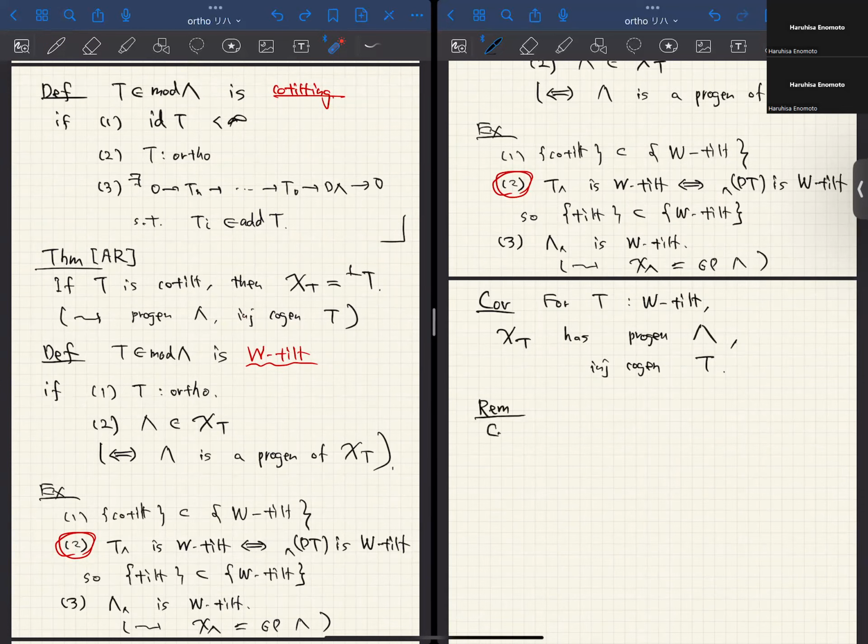Consider a pair (P, I) such that P is a progenerator and I is an injective cogenerator of some exact category.